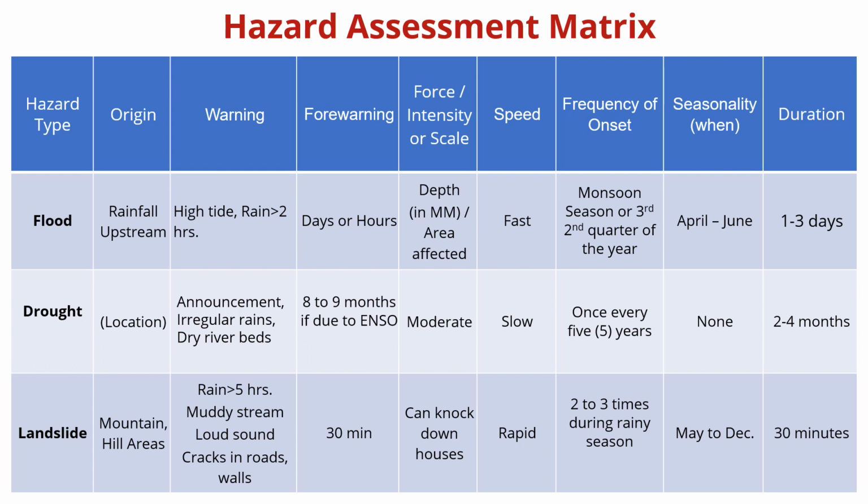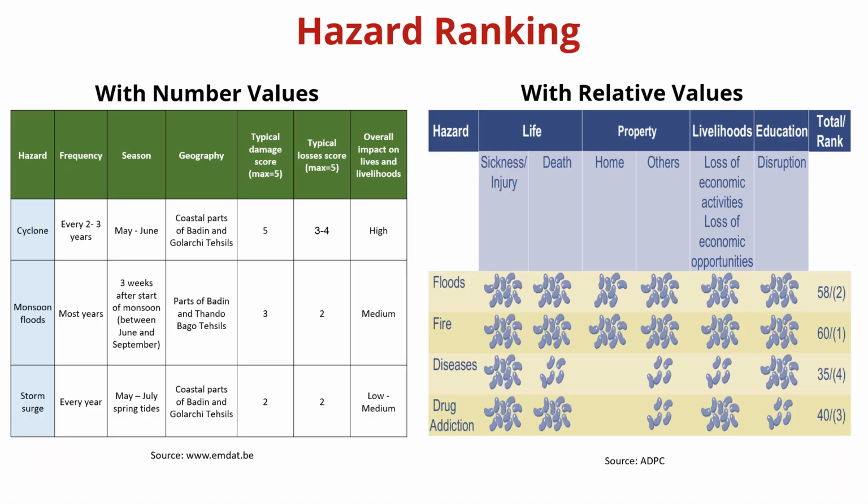So this will be a very useful matrix that we can use to have a one-glance understanding of the hazard situation in the local communities. And after we have that, we need to rank the hazards, either with number values or sometimes, at the community level, using a relative value such as beans and other simple-to-understand scales that the community may already be using.